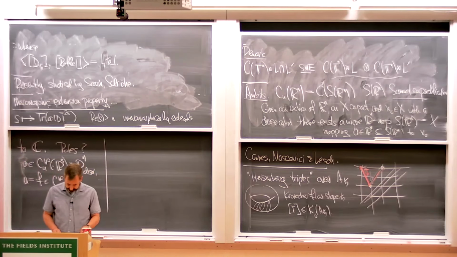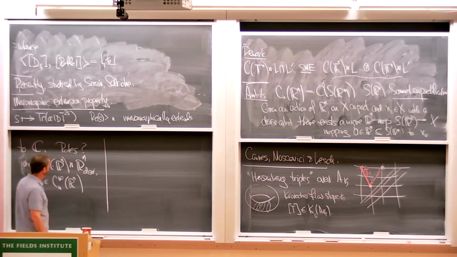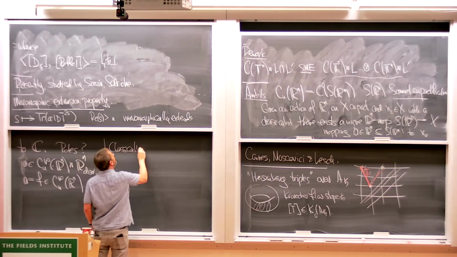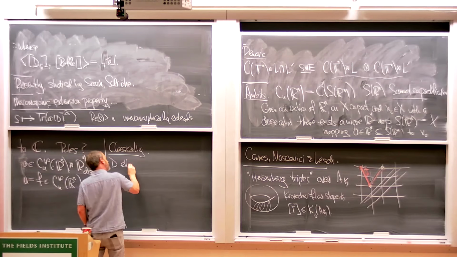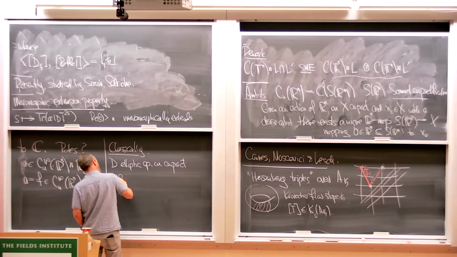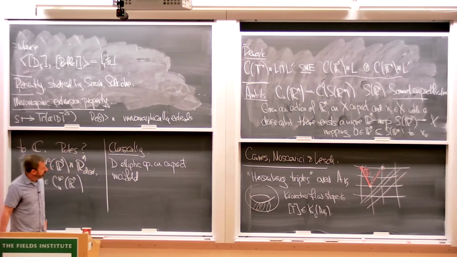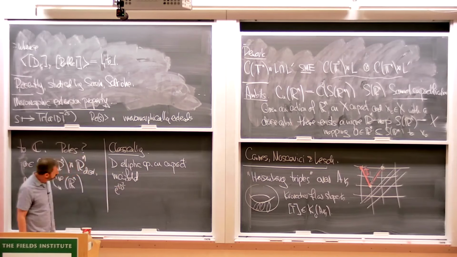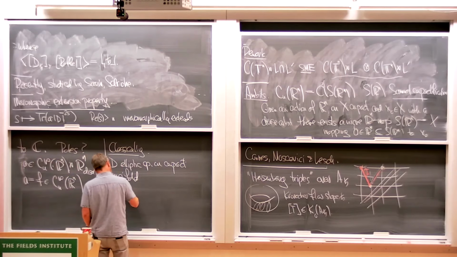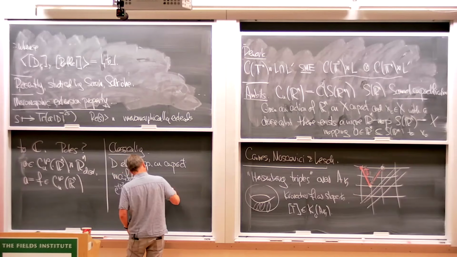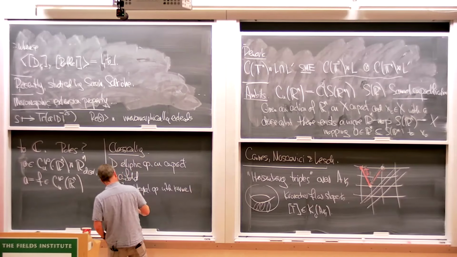Okay, so maybe I should just mention, classically, how do you prove that zeta functions like this meromorphically extend? If D is something like an elliptic operator on a complex manifold, the heat kernel is an integral operator with the kernel T of XY.